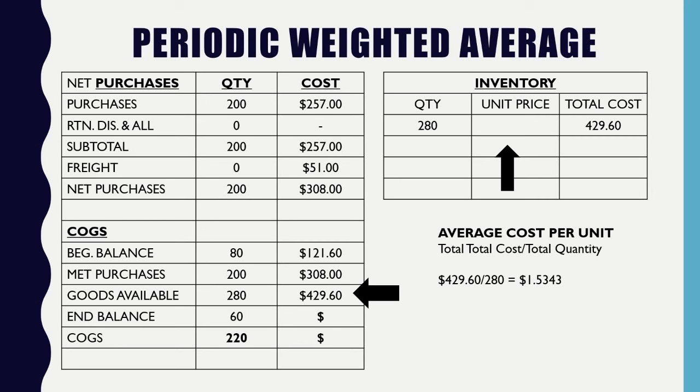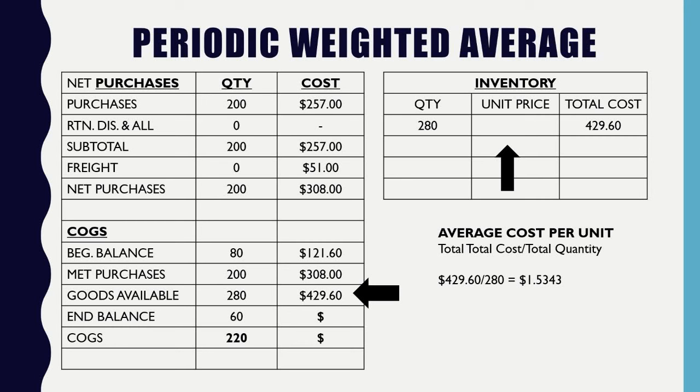Because in this case, we have one batch for 152, another batch for 152, and then another batch of 156 or something like that. So we need to take the average between all of that, and that should roughly give you almost 1.54. In this case, this gives us the most accurate information.